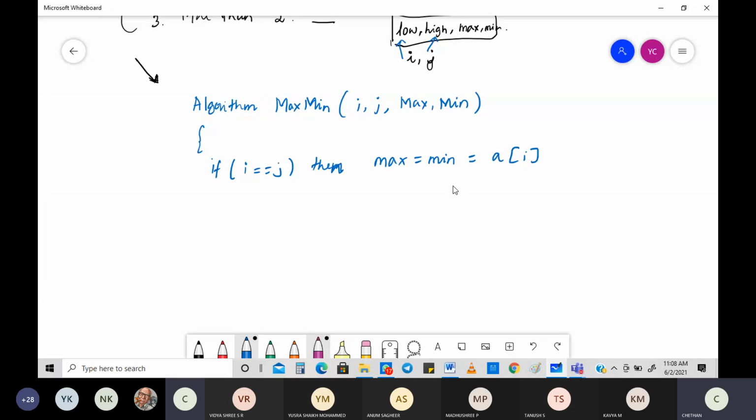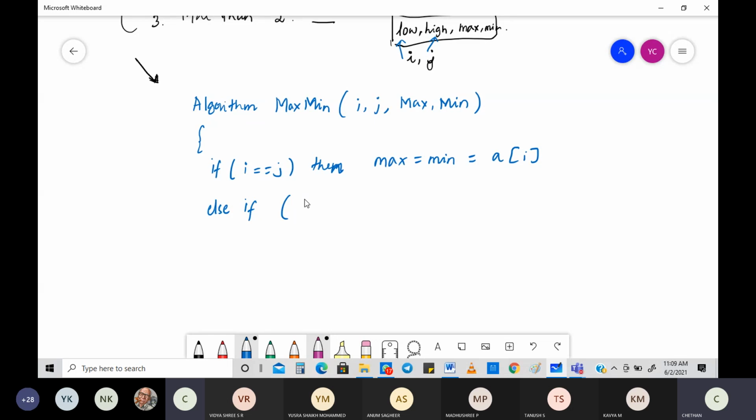Not a problem. If there are two elements, I can't write else. I have to write else if, because there are three conditions: if, else if, and the last condition, of course, will be under else. Else if there are two elements, that is, if I equal to j minus 1, you are comparing the first element with the next element.